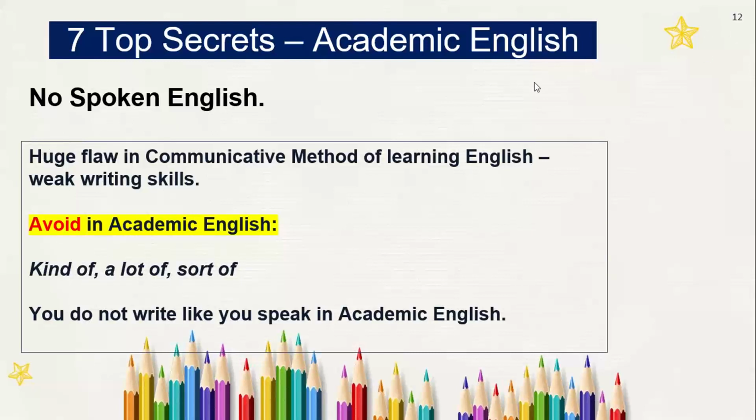So when many students arrive at Avant and they are preparing for the IELTS test, they have heard a lot of advice from the web and maybe from their previous English classes to write like you speak, right?